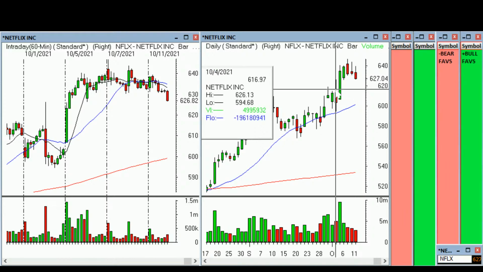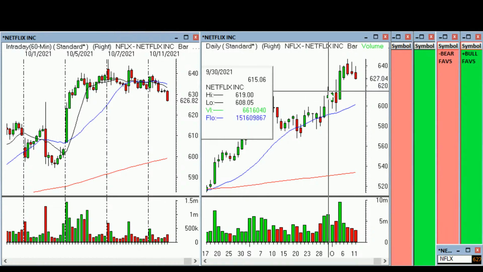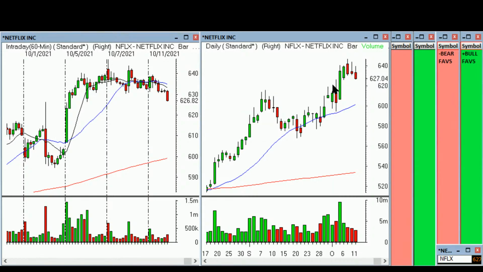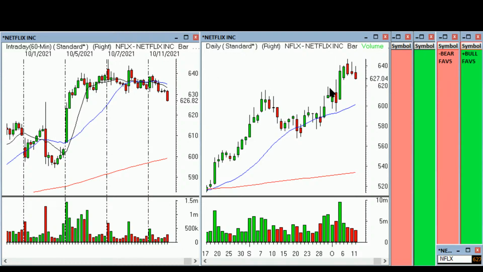This double top, 615. Hold on. And that should be 619. So right here was the added shares. That would be the position that I would want to eliminate if I'm going to eliminate anything at all. As of right now, I'm going to hold Netflix, but it is a little bit scary.